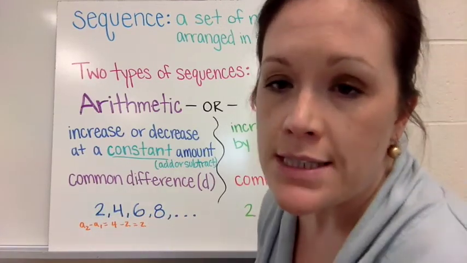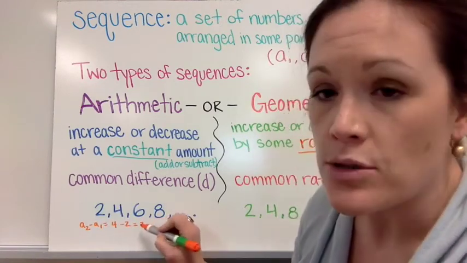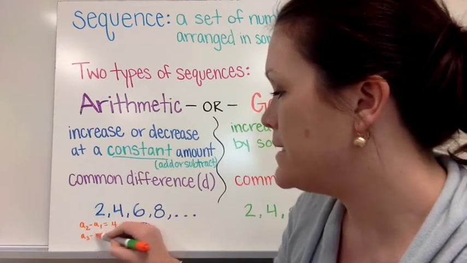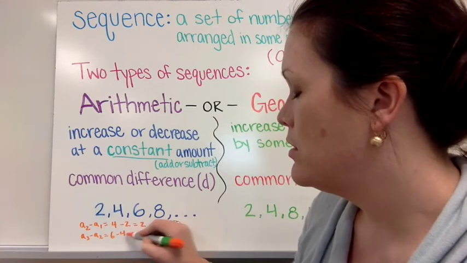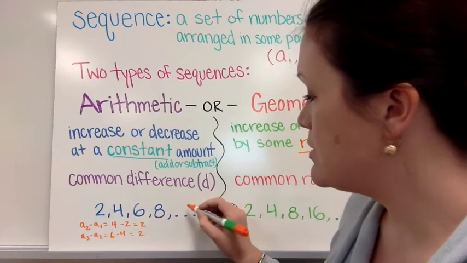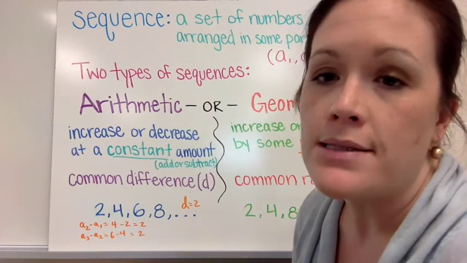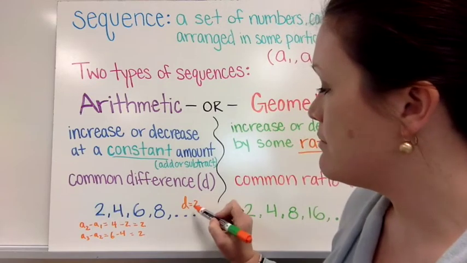You want to make sure that the same pattern would apply between each term before you decide that this is arithmetic. So for instance, a sub 3 minus a sub 2 would be 6 minus 4, which is also 2. So we would say D equals 2. It has a common difference of a positive 2 because it's increasing, it's positive, and then it's increasing by 2.